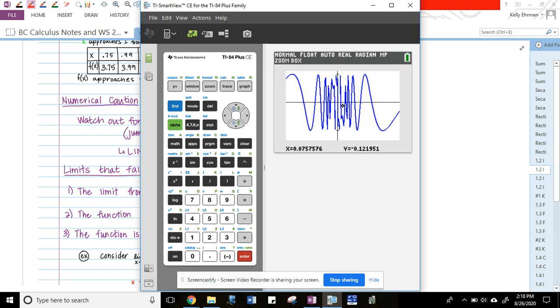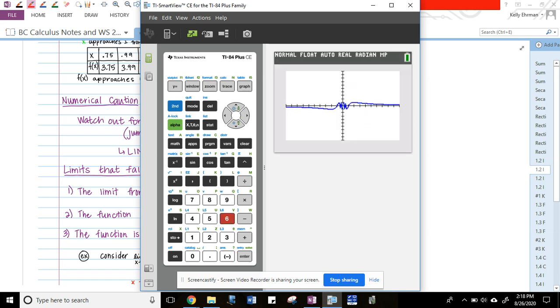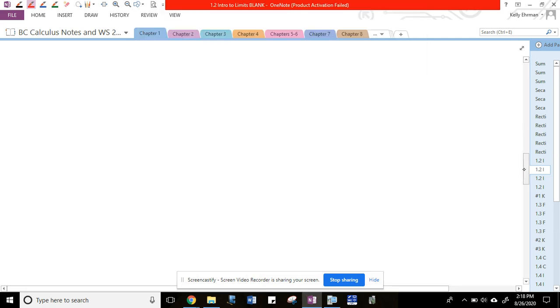What is the limit as x approaches 0? I don't know. Crazy things are happening, and if we keep zooming in, it's going to keep oscillating. So there is no limit at 0. Now, is there a limit? Get back out here. If I say, what's the limit as x approaches 3, we're not oscillating anymore. There is a limit right there, whatever that y value is, but not at 0 where the oscillation happens.